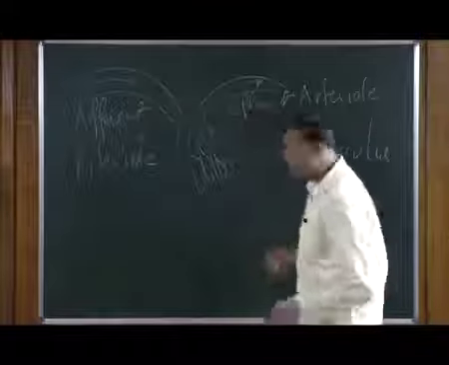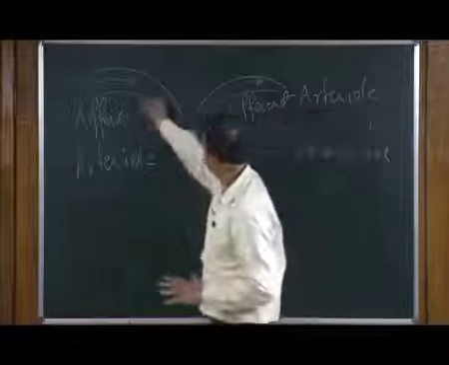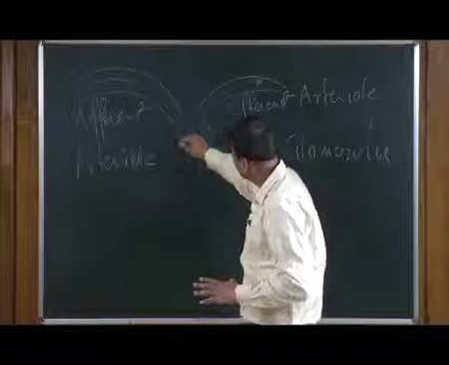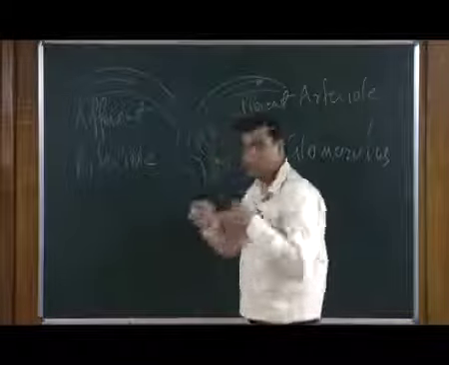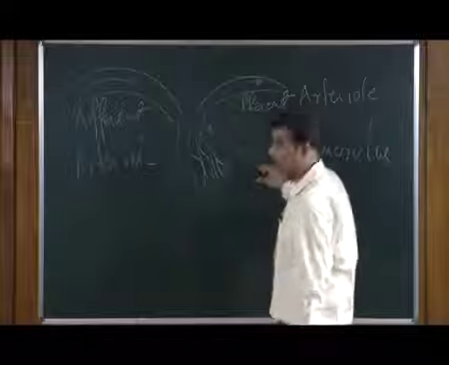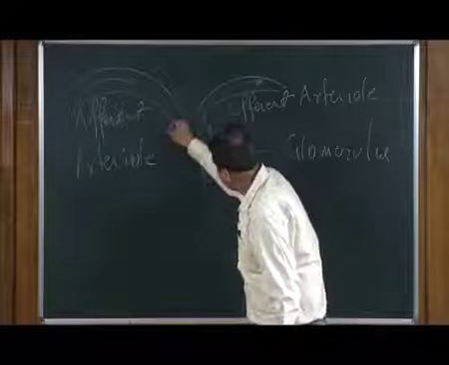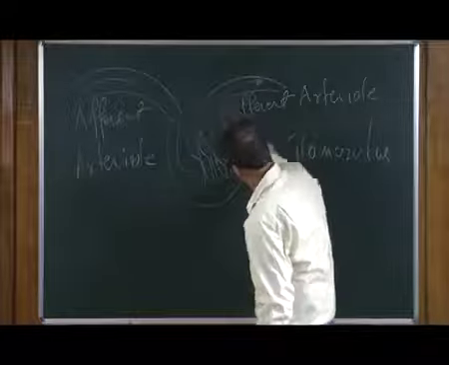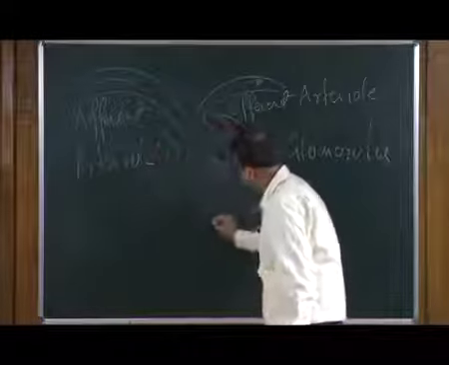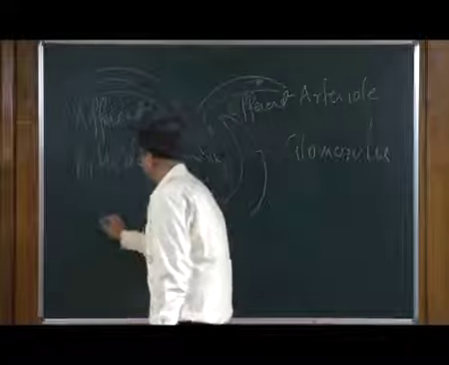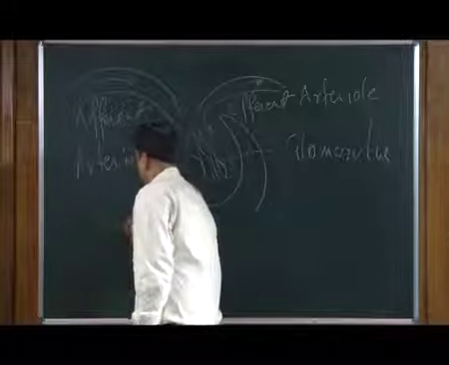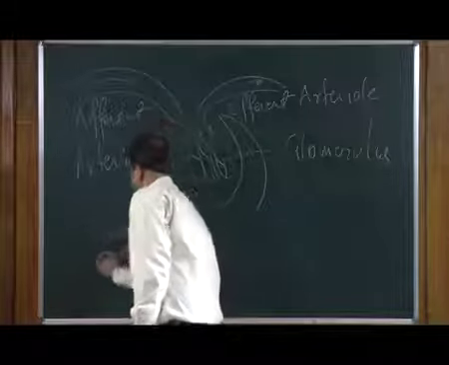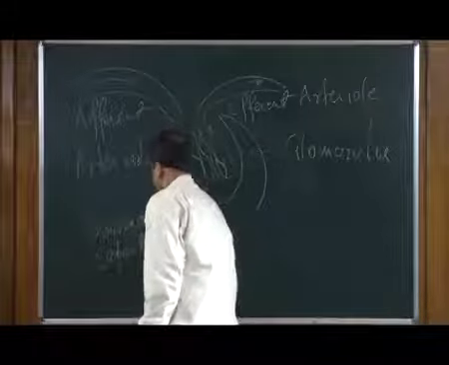Now what is happening here, the blood is coming and passing through this small meshwork which we call the glomerulus, and then we have this cup-like structure, which we call the Bowman's capsule.